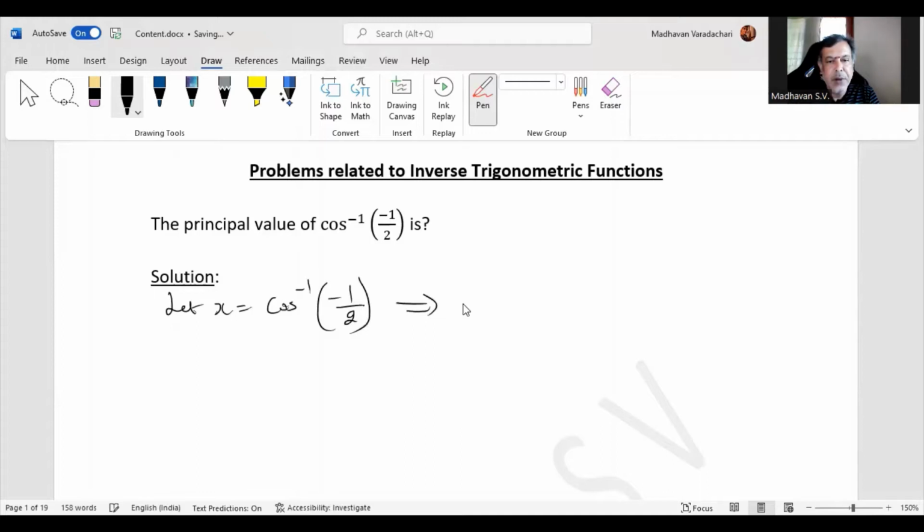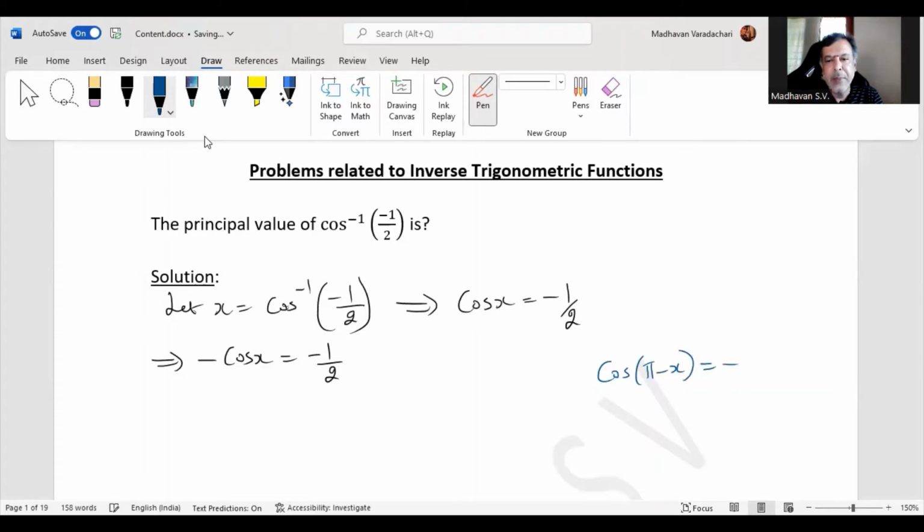That means cos x is negative 1 by 2. That can be rewritten as minus cos x is equal to minus 1 by 2. We have a trigonometric identity which says cos of pi minus x is nothing but minus cos x.